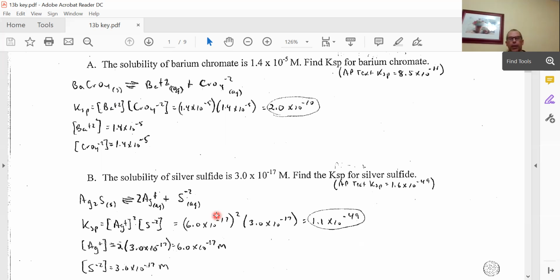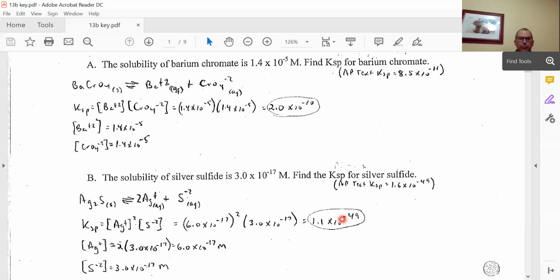So I square this, I keep this the same, and ultimately 10 to the negative 7th squared is like 10 to the negative 14th, and multiplying a couple sixes and a 3, it's 1.1 times 10 to the negative 19th is what I see. So this would be the KSP value.